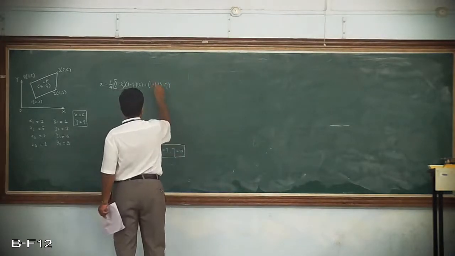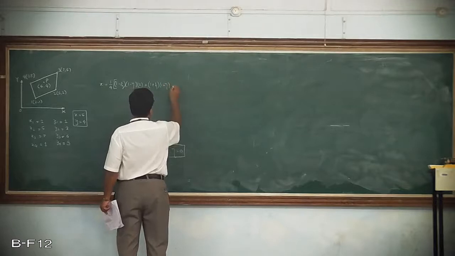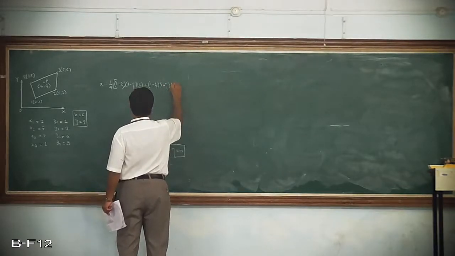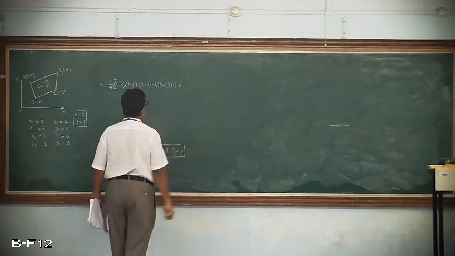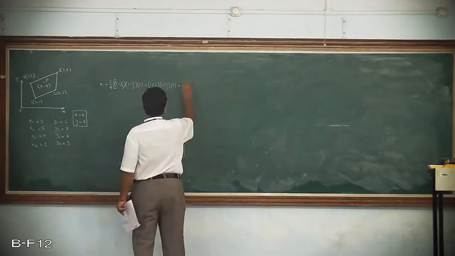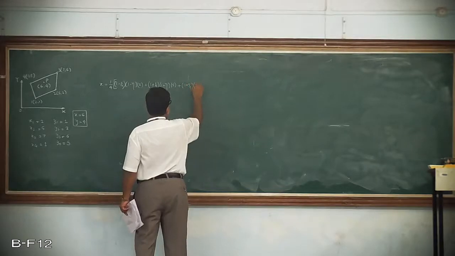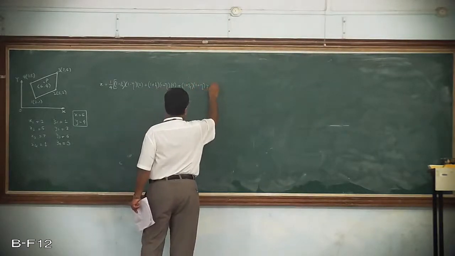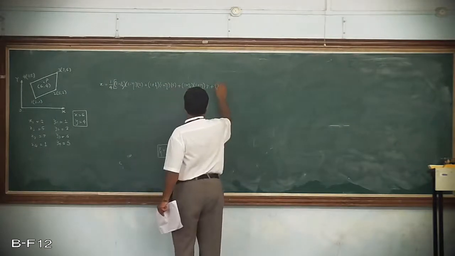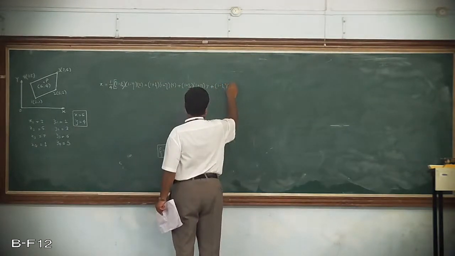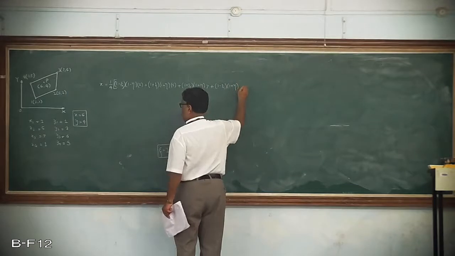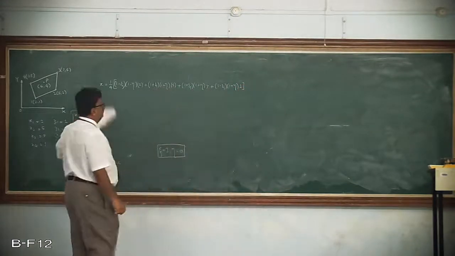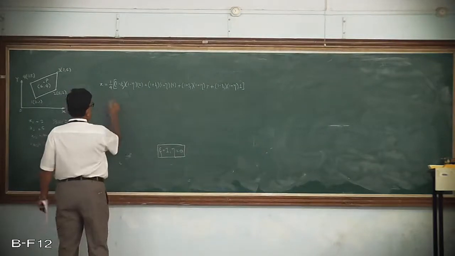Okay, this is 1 plus and this is 1 minus. x2 is 5, plus 1 plus zeta, 1 plus eta, 7, plus 1 minus zeta, 1 plus eta, 1. Okay. So this answer should come 6. Then only our answers are correct. So let us try this.